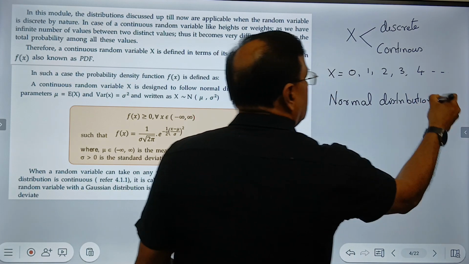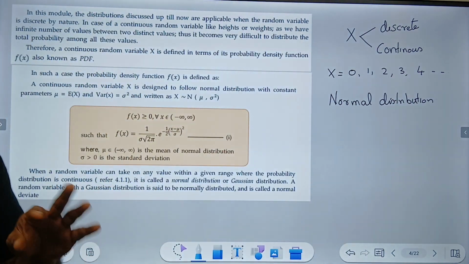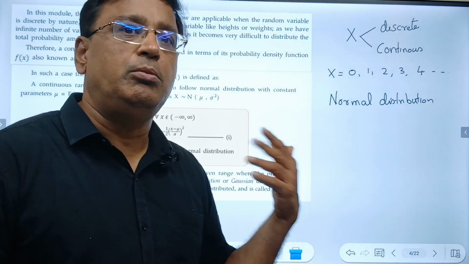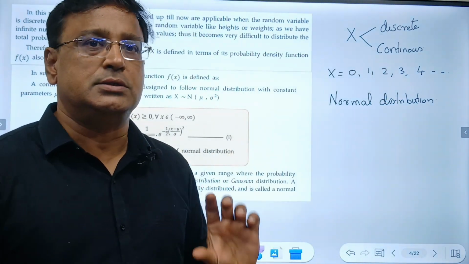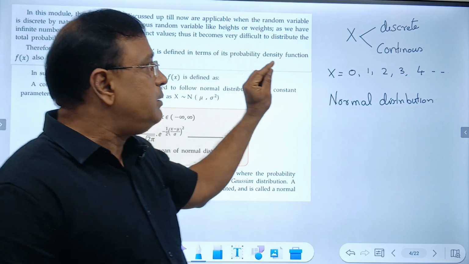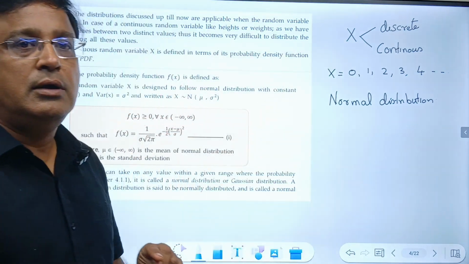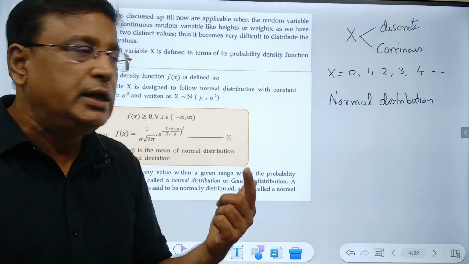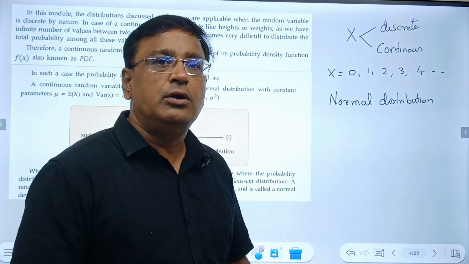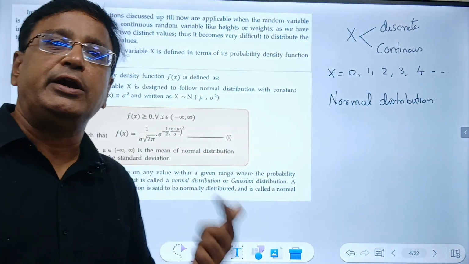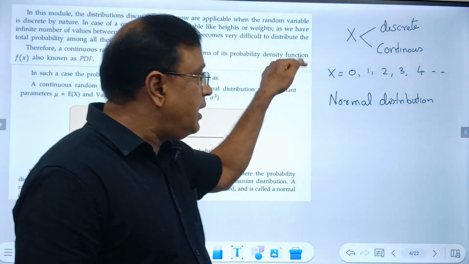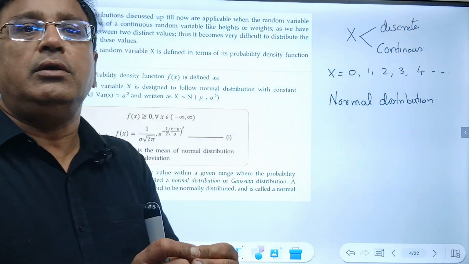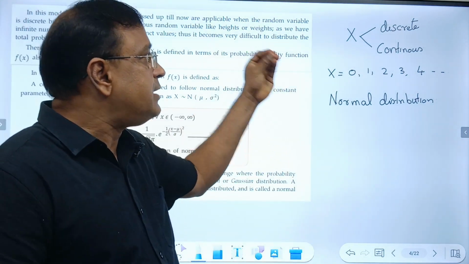So, if the random variable is discrete, you can have Poisson or binomial distribution based on certain conditions. If your random variable x is continuous, then the probability distribution that you have cannot be Poisson or binomial. It will fall only under normal distribution. So that is one special case for continuous random variable.